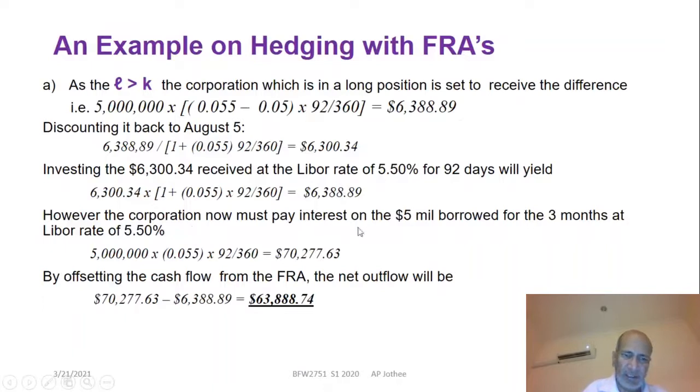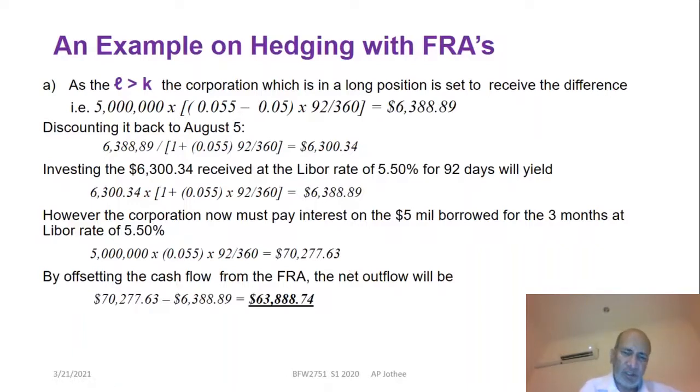However, the corporation now must pay the interest on the 5 million it borrowed. That one you cannot avoid. Now you are trying to get some money for the excess. What has gone up? You thought it's 5%, but it's become 5.5%. So how much is the interest accrued for those 92 days on the 5 million? Now L becomes the effective prevailing rate. That's 0.055 times 92 over 360 times 5 million, which is $70,277.63.